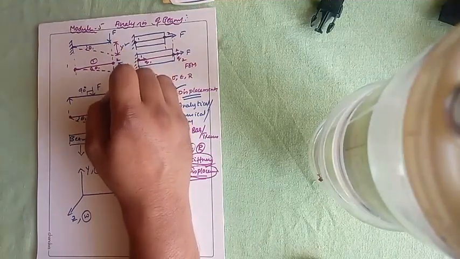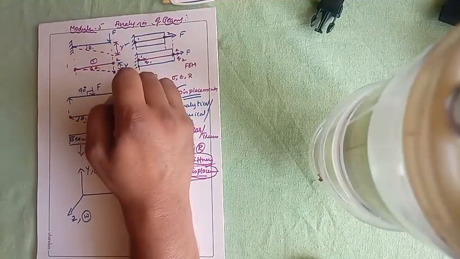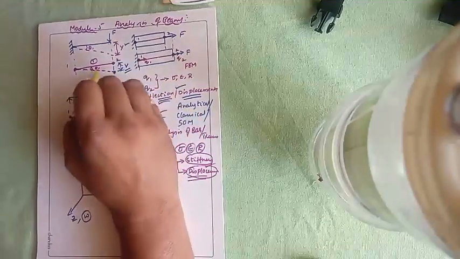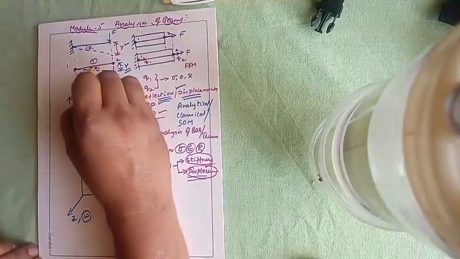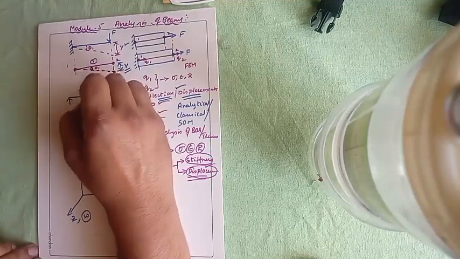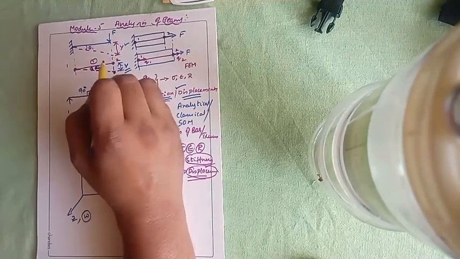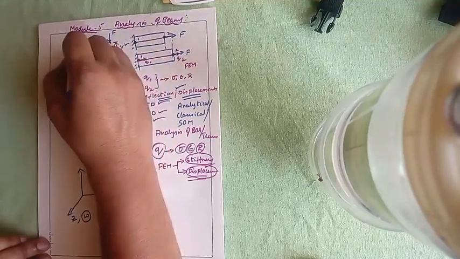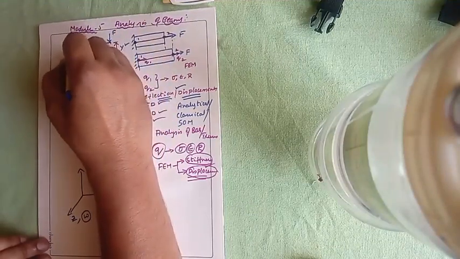Now, our node is displaced along the y direction, and that displacement is given by the alphabet V. Next, you can see I have written something here, that is theta 1. What is this theta 1? The force which acts at this end induces a bending moment at the fixed end.